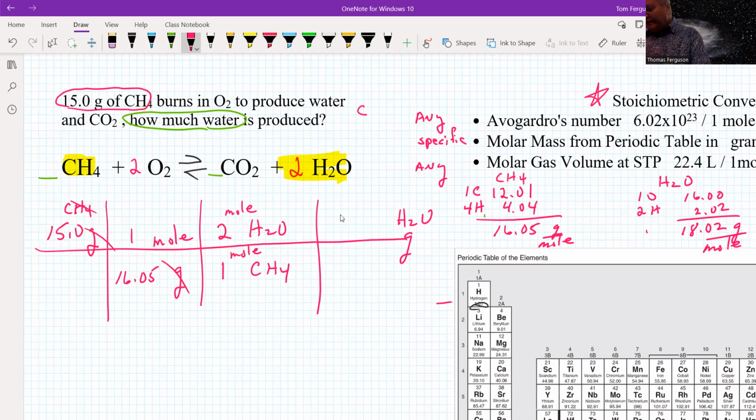Now we have moles of water. We don't want moles of water, we want grams of water. So now we're going to go from moles of water to grams of water. To do that, we need the molar mass of water. That's why we calculated over here. So moles need to be on the bottom to cancel.